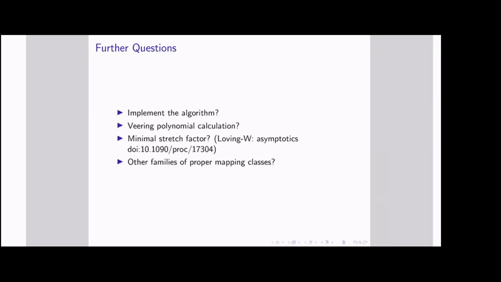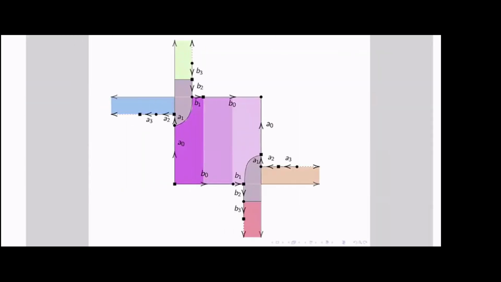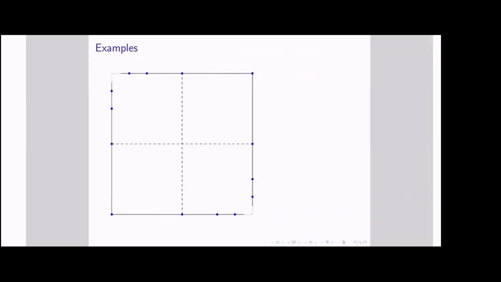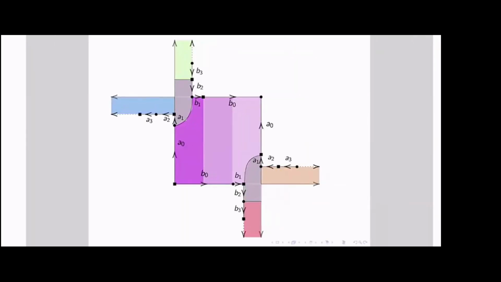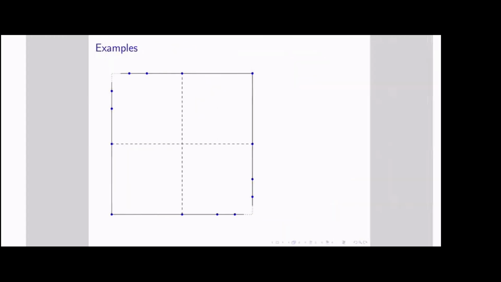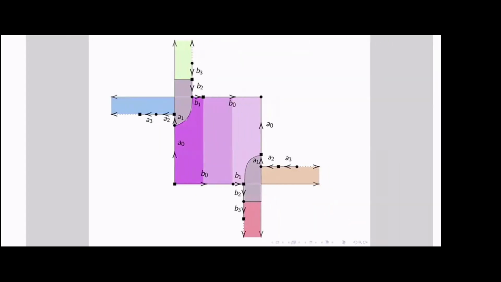The reason that we can ask this question is that our construction goes in two directions. Once we start from a collection of rectangles with a map from them to themselves, we can construct an end-periodic pseudo-Anosov mapping class.